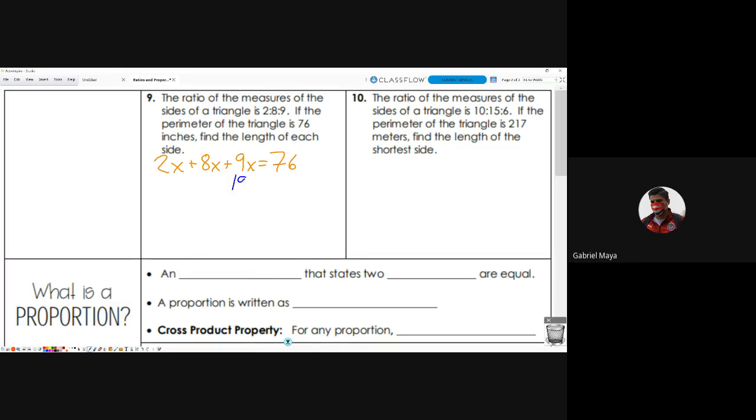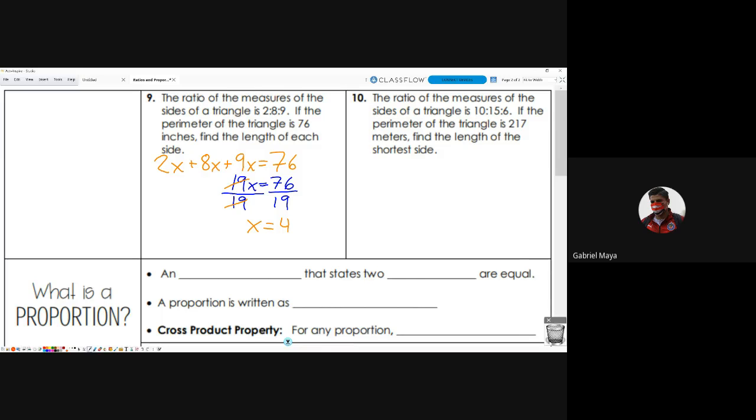So 19x equals 76. We'll divide both sides by 19, so these cancel out. x equals 76 divided by 19, which is 4.